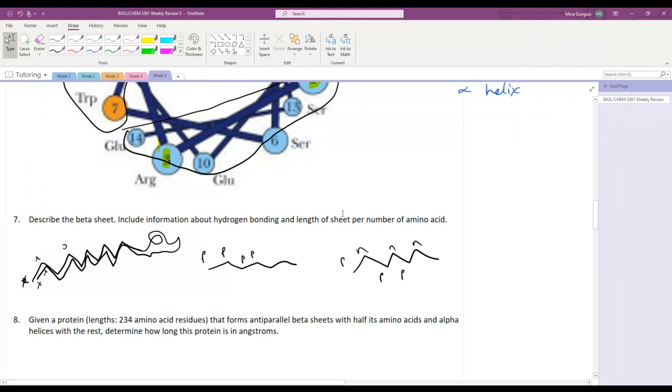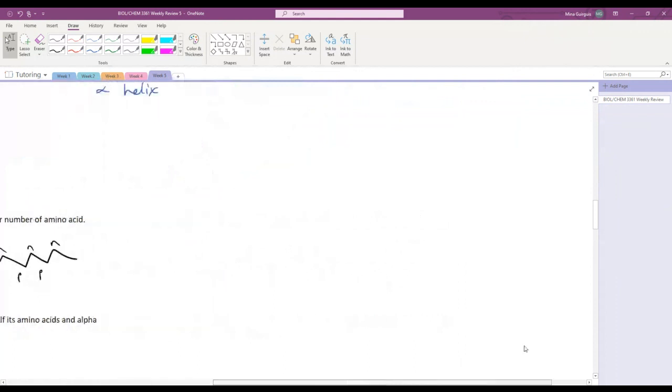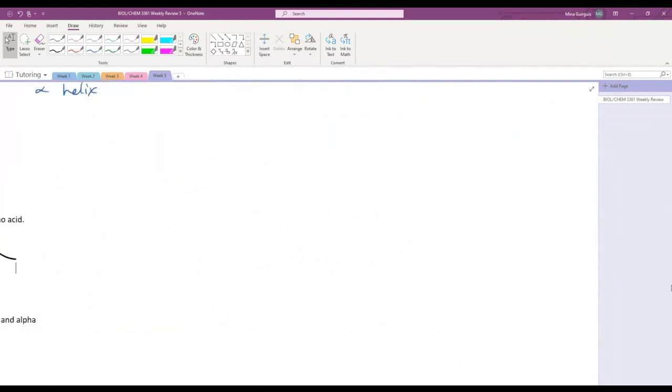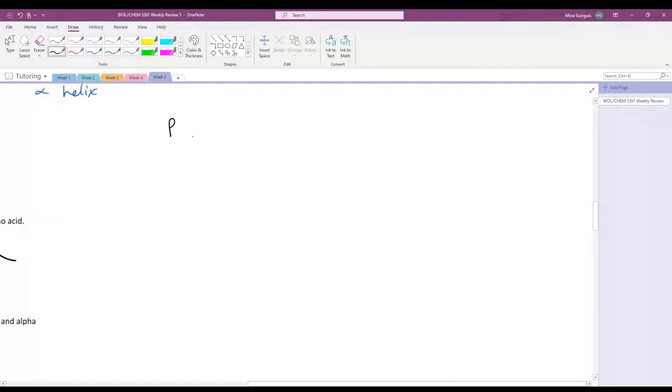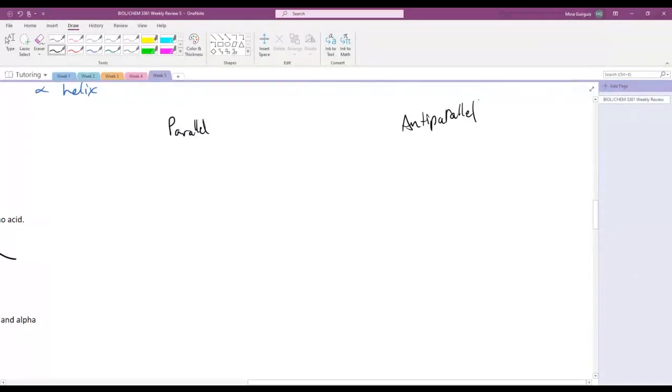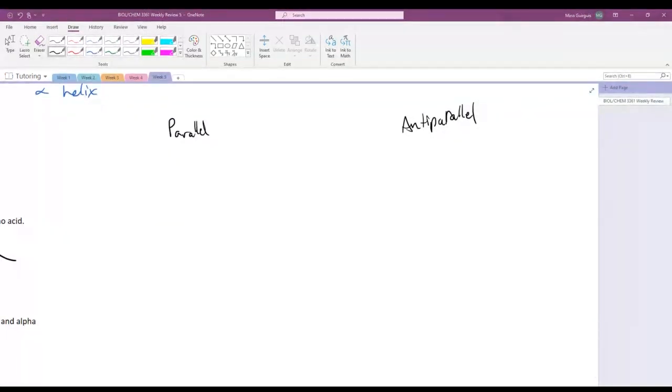Now I've been telling you guys they come in 2 different types, and I'd like to talk a lot more about that, and that's why we have all this space. I'm just going to put them side by side, parallel, anti-parallel. There are a lot of differences between them, but there are 4 really significant differences. The first is the numbers.